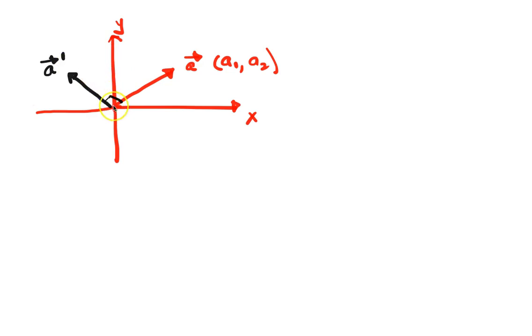How would you find a prime? Let a prime be x1 i cap plus y1 j cap.